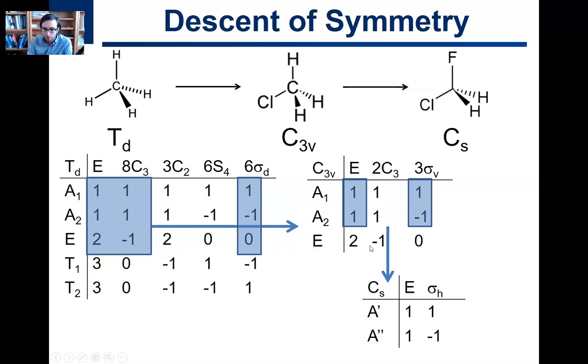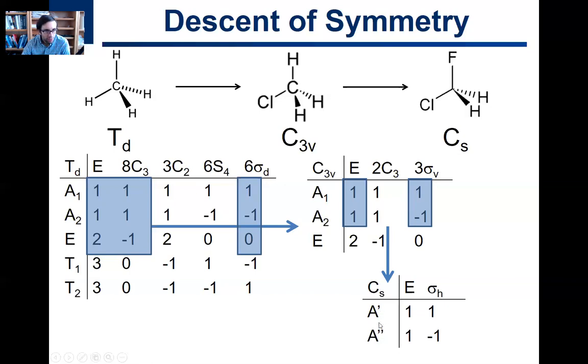And you can go even further, right? For Cs, you only have a mirror plane here. It's called sigma h. There's only really one mirror plane, so it doesn't really matter what you call it, but by convention, we call it sigma h. And identity. Again, those characters are a subset of C3v.